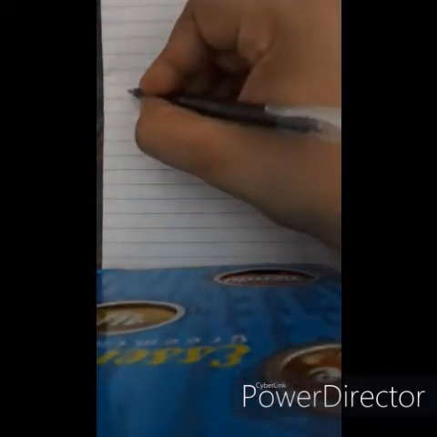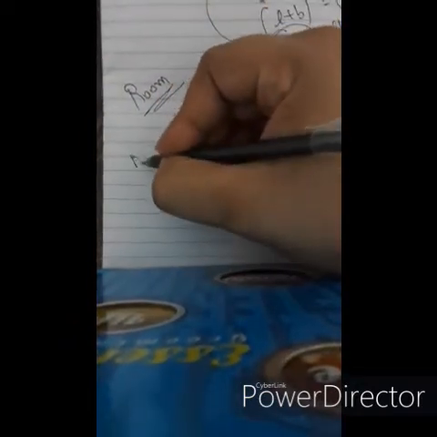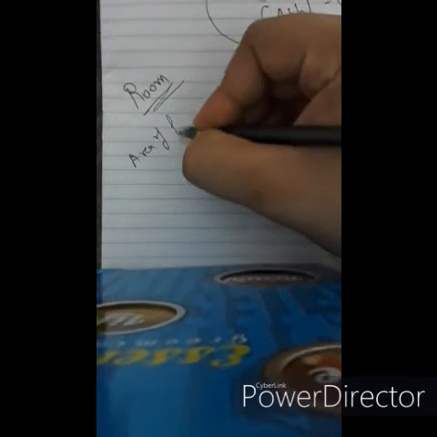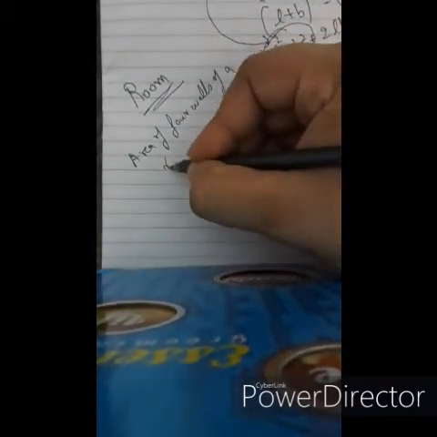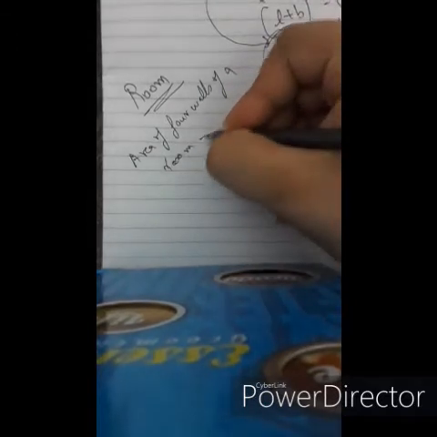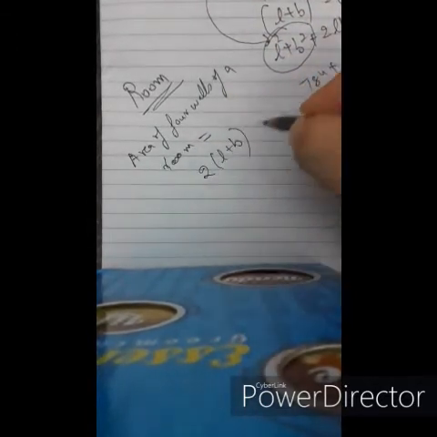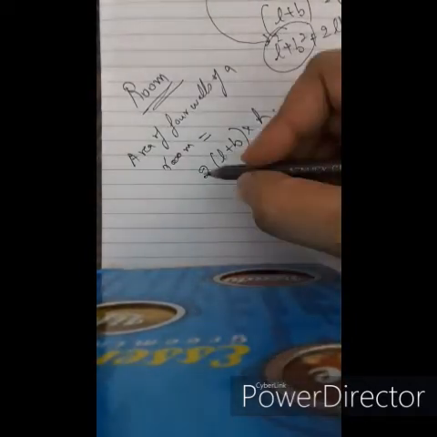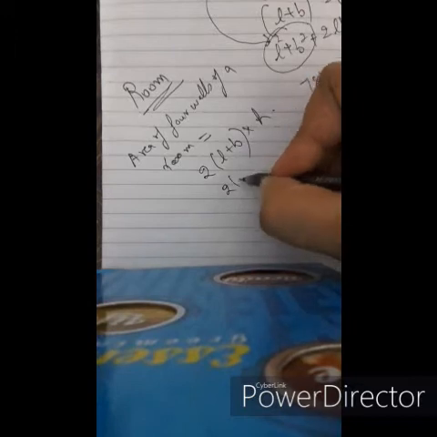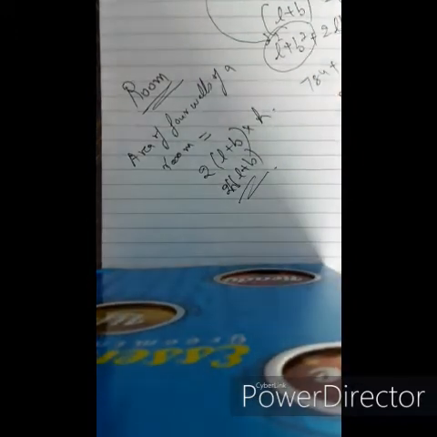So area of four walls of a room is given by 2 into L plus B into height, that is 2H into L plus B. Area of the four walls of a room.